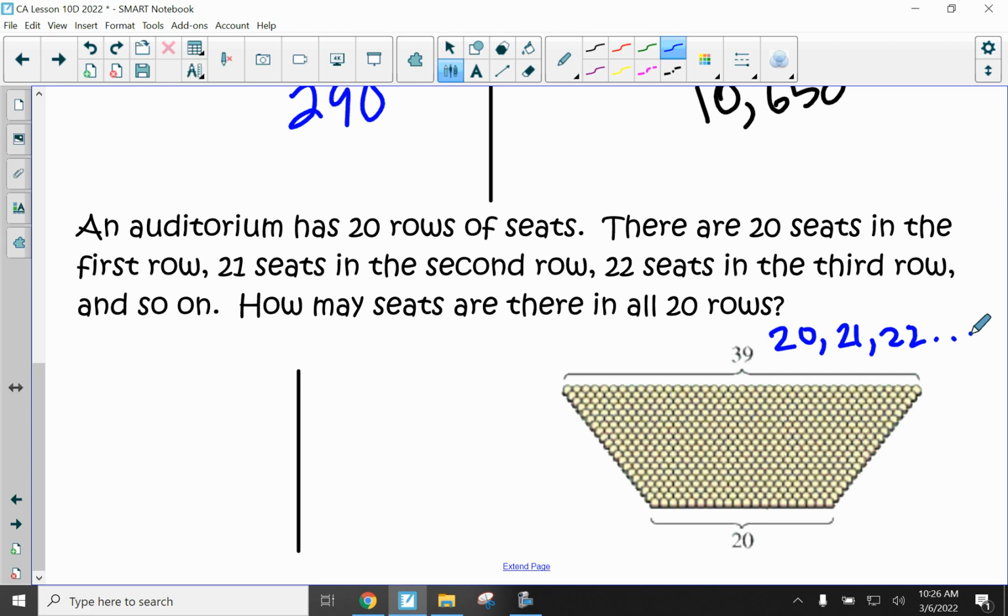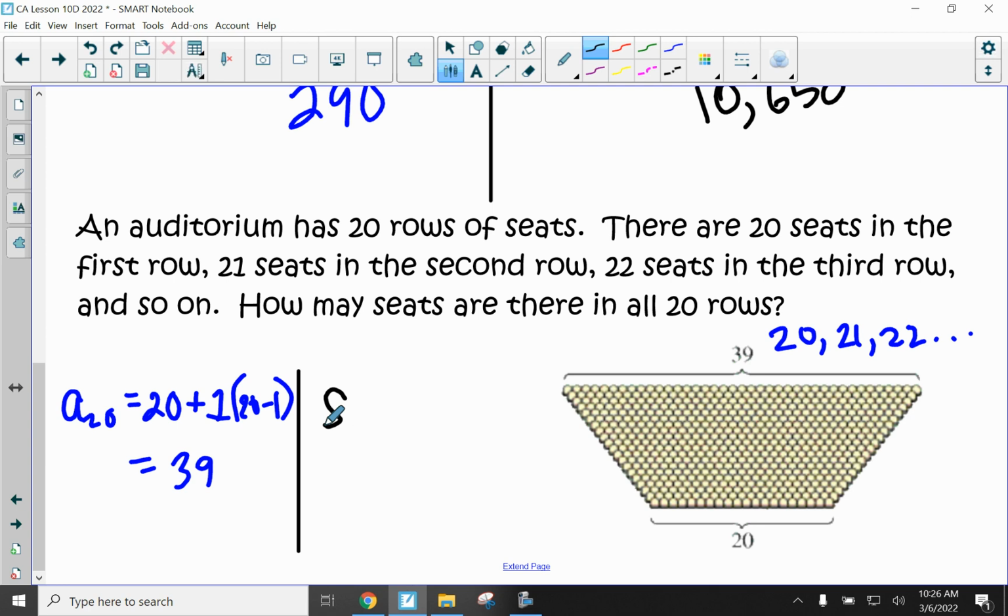So I have to find how many seats are in the 20th row. So a 20 is going to be 20 plus the common difference. It looks like the common difference is just going up by 1. There's 20 rows, so it'd be 20 minus 1. So if I type all that into the calculator, that should give me 39 seats in that last row. So now I can find the sum.